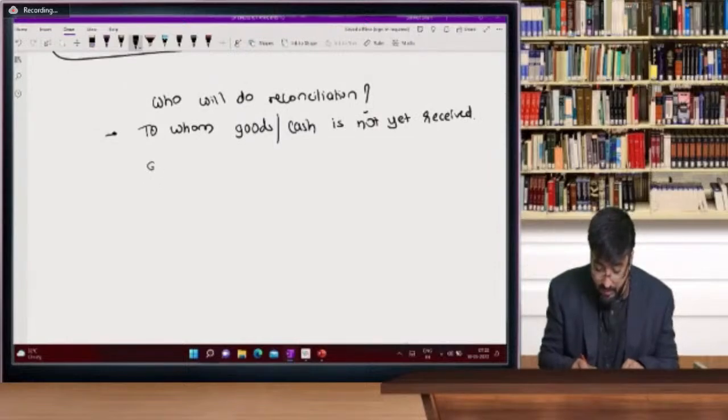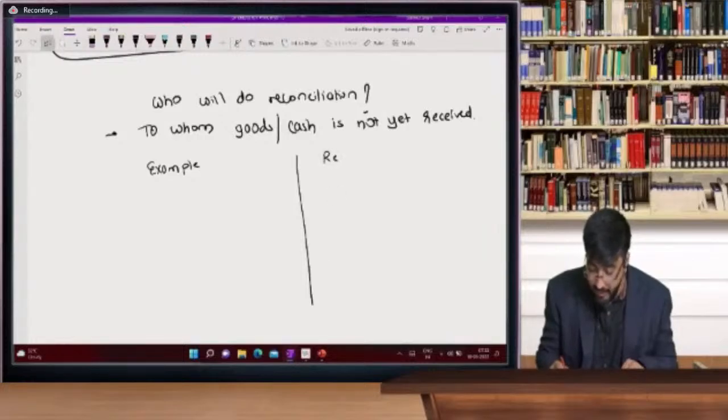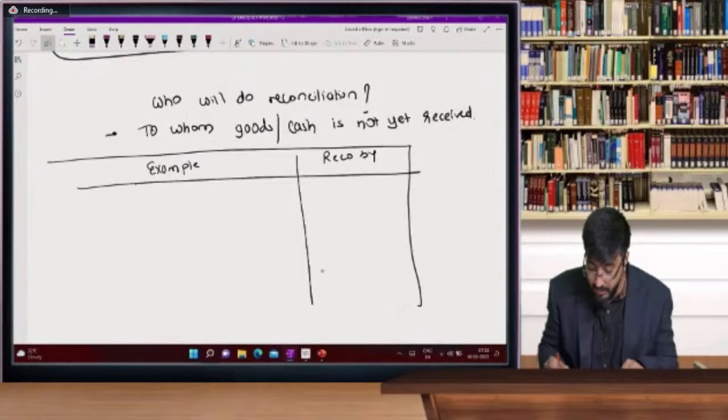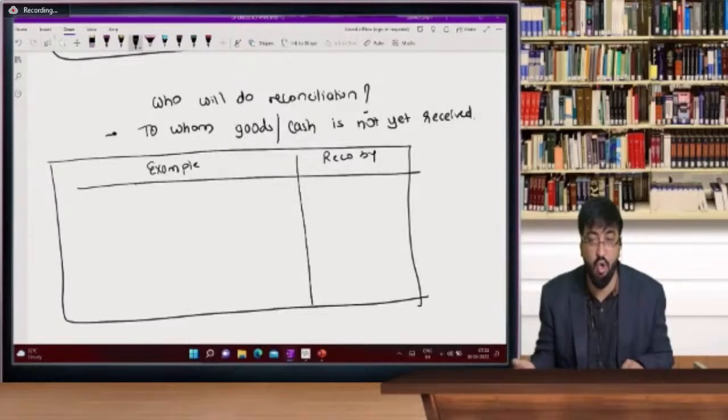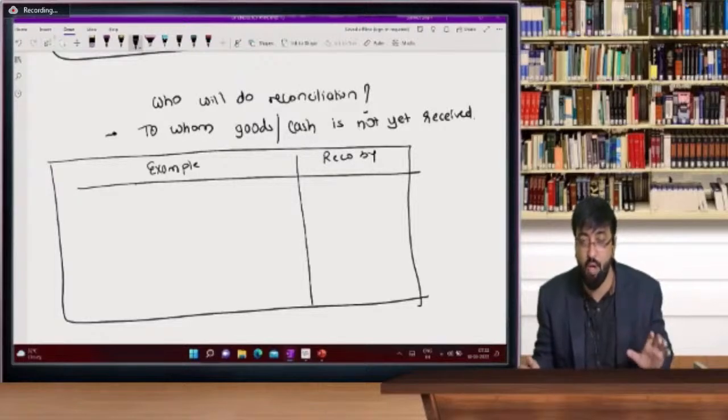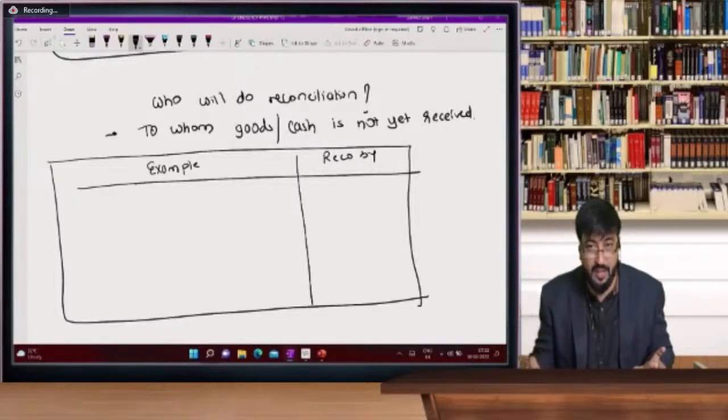I will write examples here, and a column for reco by. Make the reco by column very small, since it holds only branch or HO, and make the example column big.